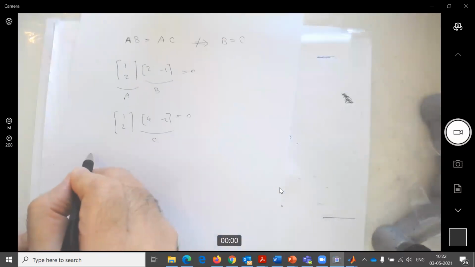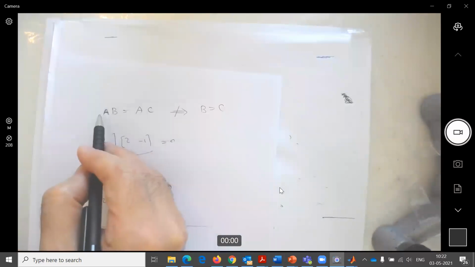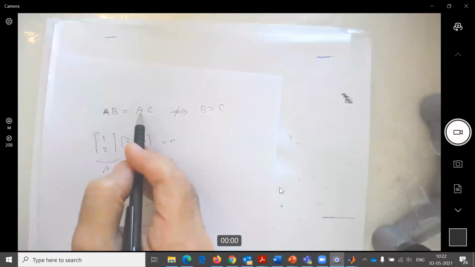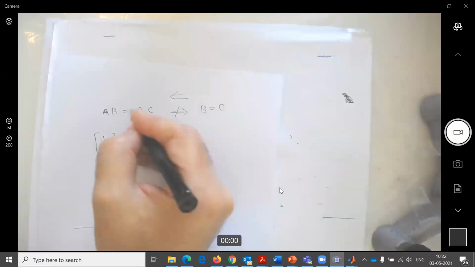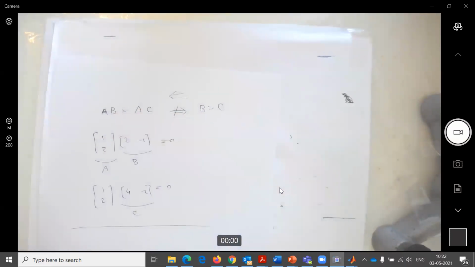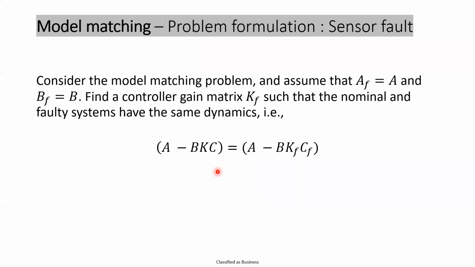But there is a but here. If we know that B is equal to C, then AB is equal to AC. I mean, the opposite is always true. So if B is equal to C, then we know that AB is equal to AC. About this problem that we are going to solve here, we want to assume that KC is equal to KF multiplied CF.